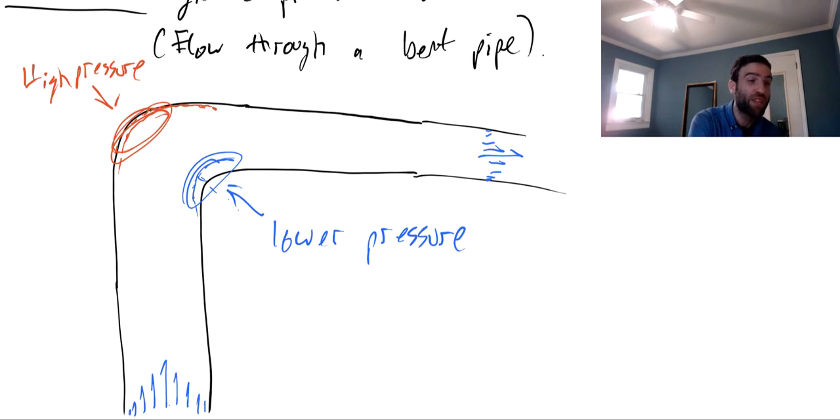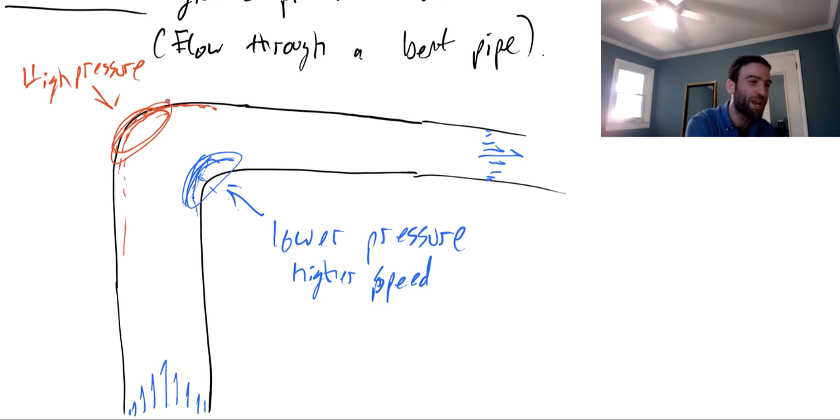Another way of thinking about this is, if I have water that's coming this way and it's about to see a region of relatively lower pressure, actually not only is it going to be lower pressure, but also higher speed. And similarly, water that's approaching this region of higher pressure tries to accelerate away from it. So as the water approaches here, it starts to slow down as it gets into this high pressure region.